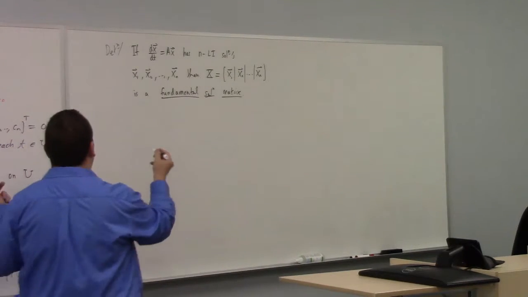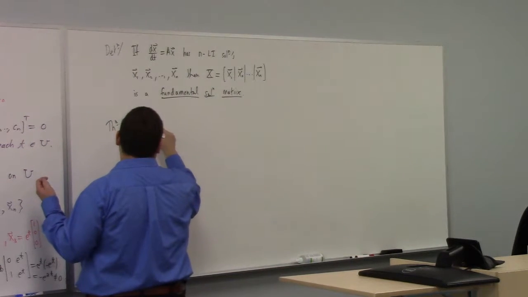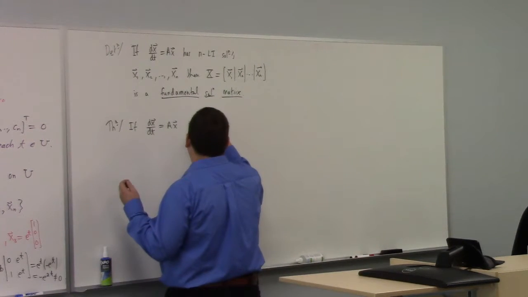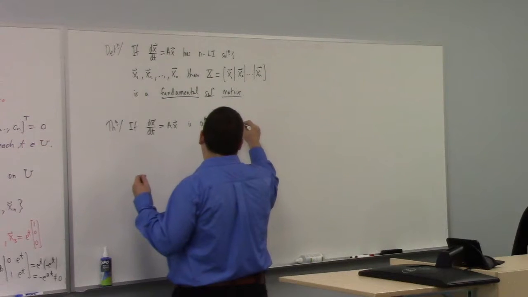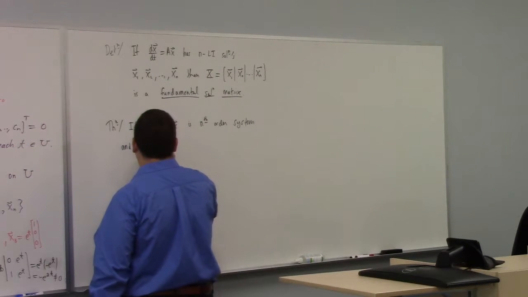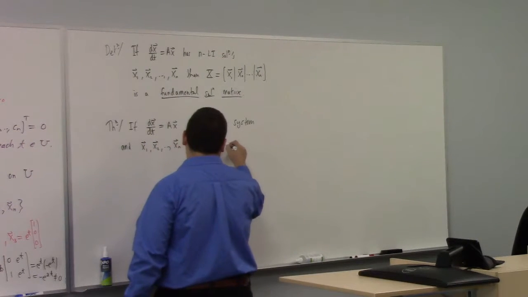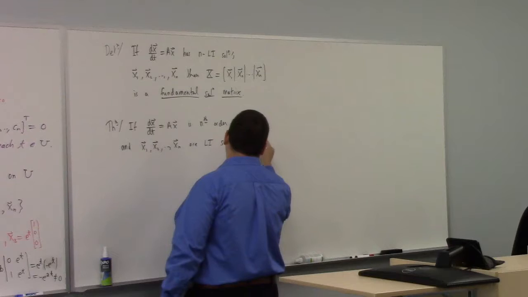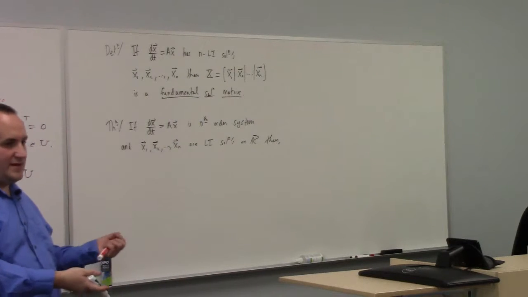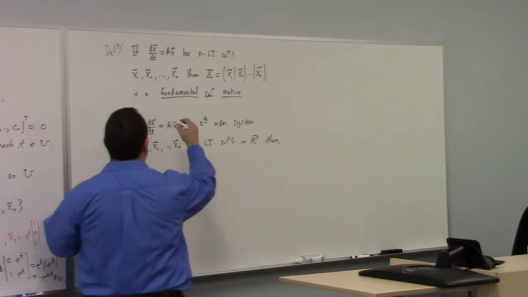So here's the theorem. If dx/dt = Ax is an nth order system, and x1, x2, xn are linearly independent solutions on the reals, then, and there's a more general theorem I could state for when the coefficient matrix is not constant, but I'm assuming that A is a constant matrix, okay?